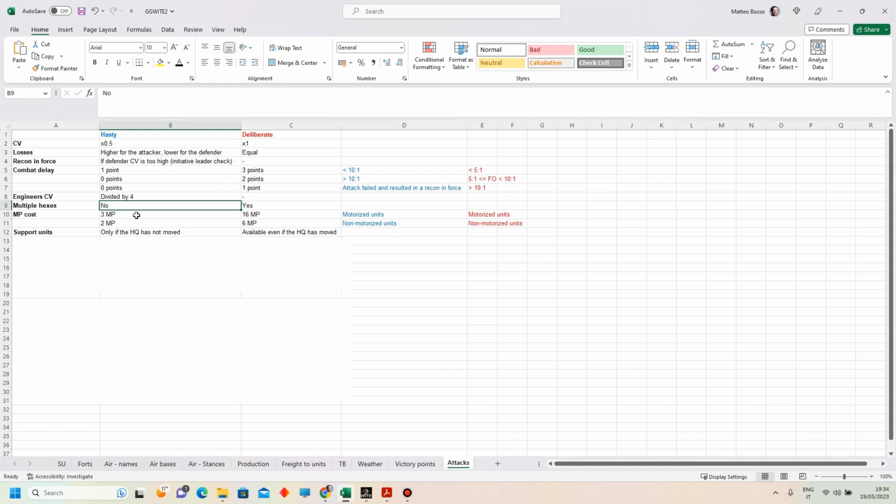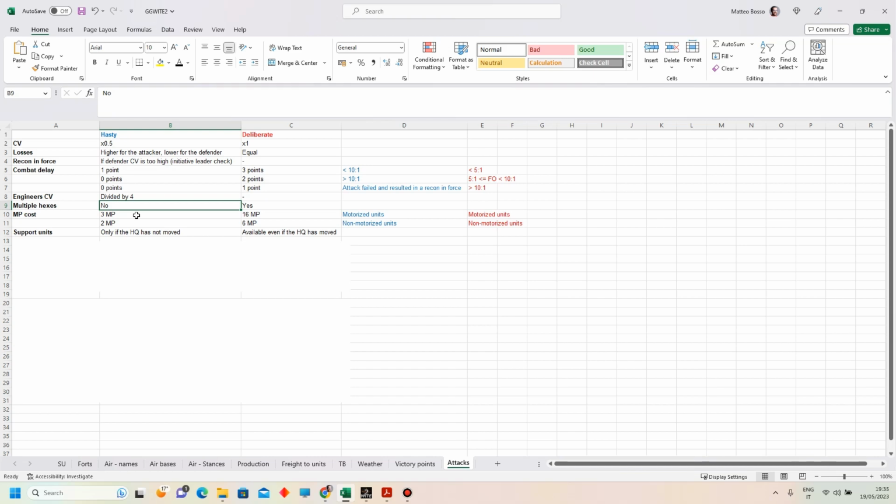The movement cost, again, this refers exclusively to the attacks. There are also movement costs related to the terrain and to whether the enemy exerts a zone of control.